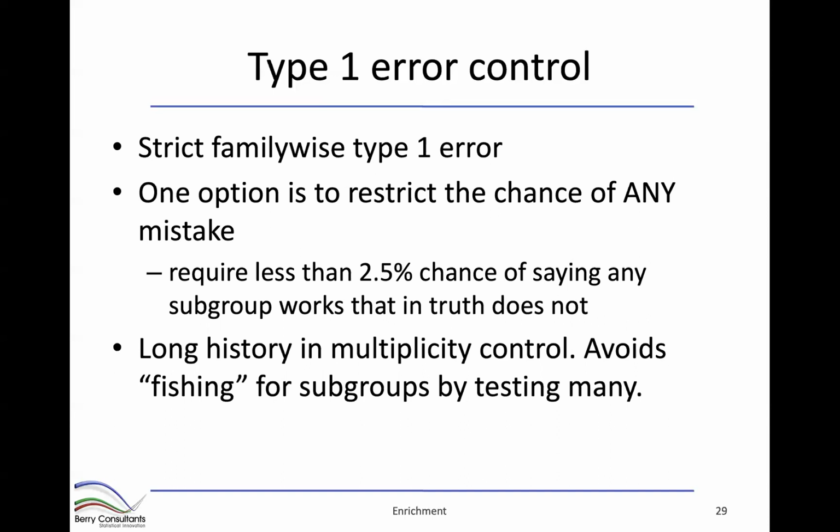Actually, I'm going to be smart, I'm going to test it in 40 different subgroups, and each one of them gets 2.5% type 1 error. I'll probably win one of them, get on the market and make a lot of money. So you don't want people doing that. This kind of fishing, the strict family-wise type 1 error, says you can't do that. You can't make a mistake for anybody basically here. So that's valuable.